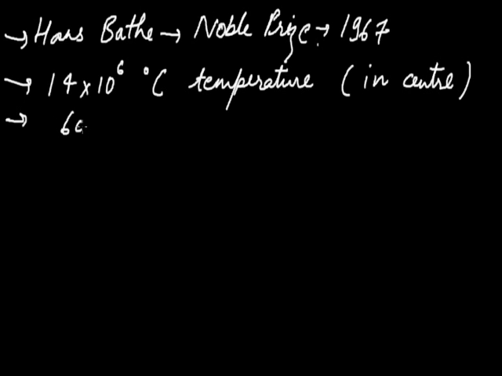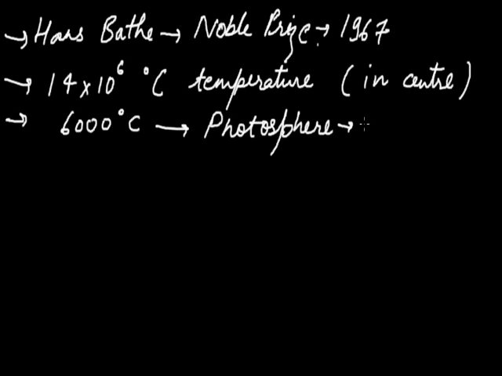And 6,000 degrees Celsius is the temperature at the photosphere, which is also known as the surface of the Sun because it is the visible part of the Sun.